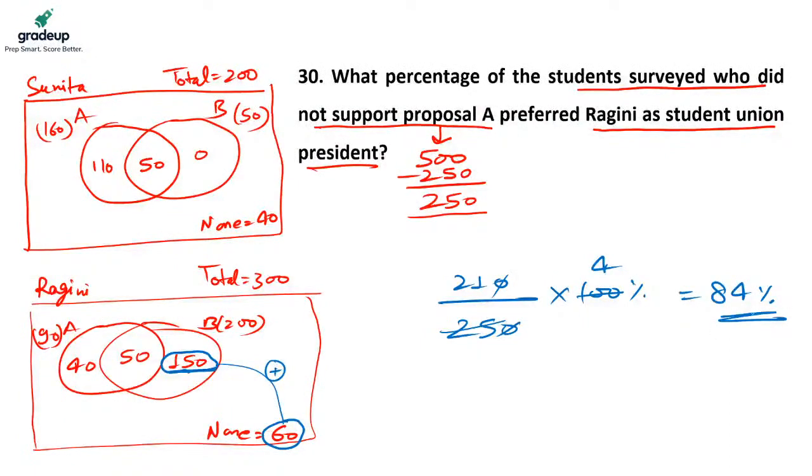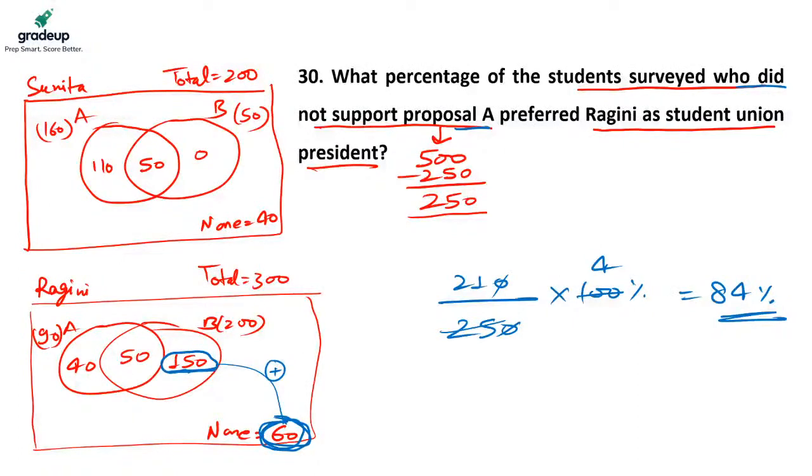Is it clear? Guys, please tell me, is it clear? Because, Avinash, these 60, they did not support A. We are talking about those who did not support A. So they also did not support A. That's why we are adding them.